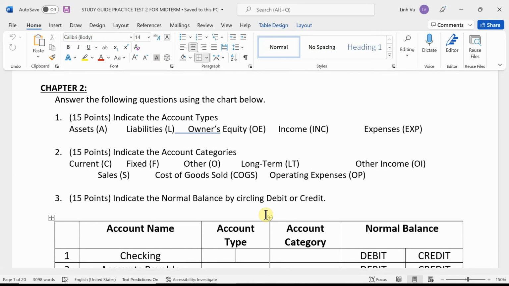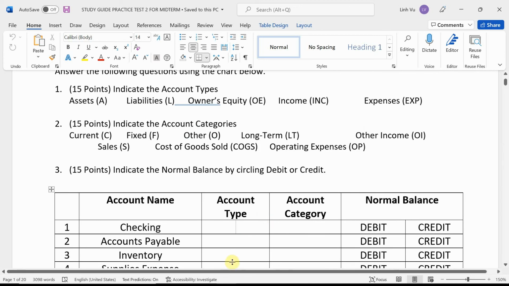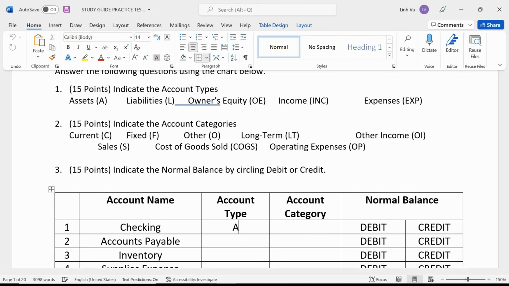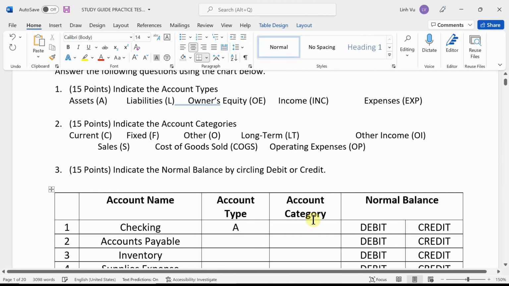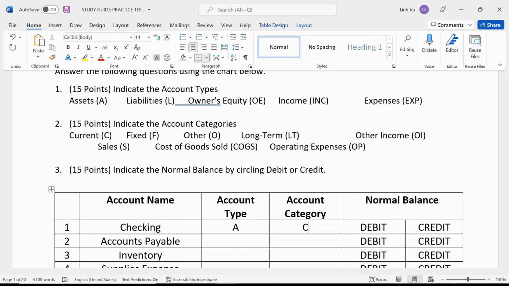So it would be asset. It is an asset, right? You own the money that's in your bank. Now, what kind of asset would it be? Current, right? Because it's in its most readily available form, which is cash. It's liquid. It's already there.